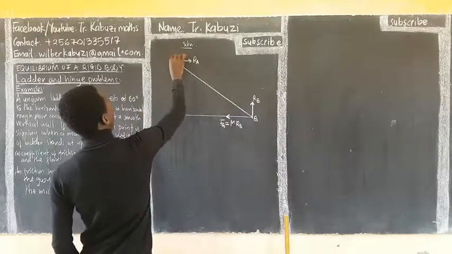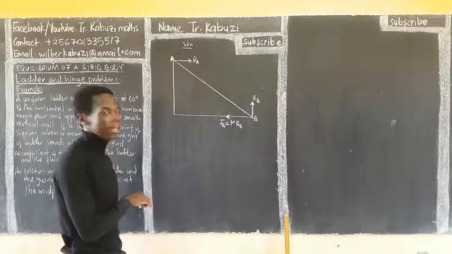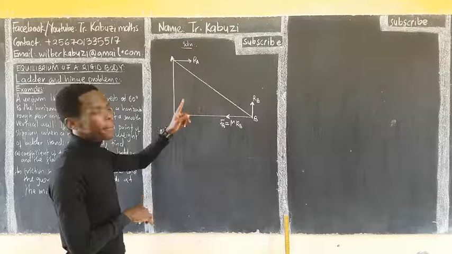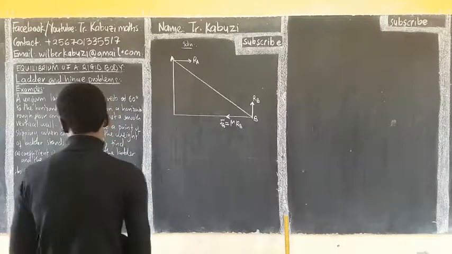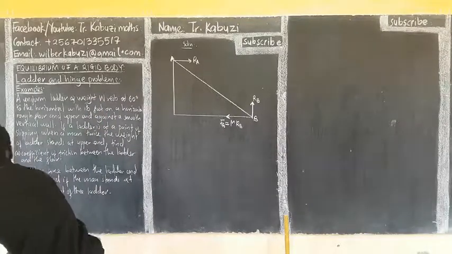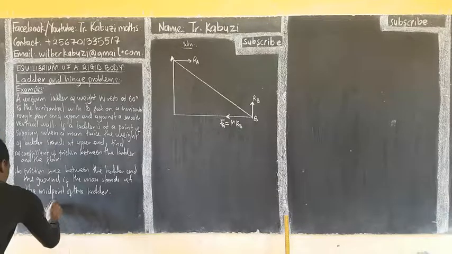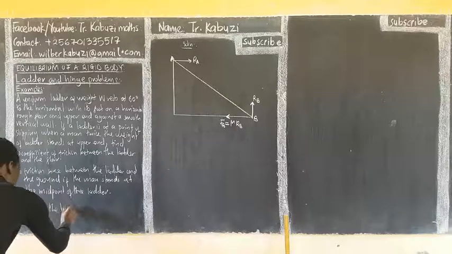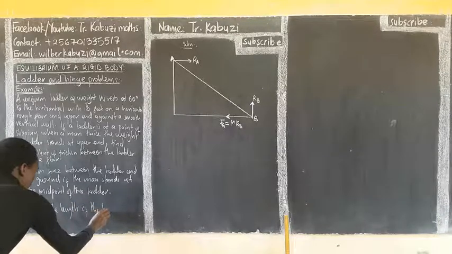This is our A. Now they are telling us that this is a uniform ladder and they are giving us the weight. If it's a uniform ladder, the weight is going to be in the middle. They are not giving us the length of the ladder, so we say let 2L be the length of the ladder.